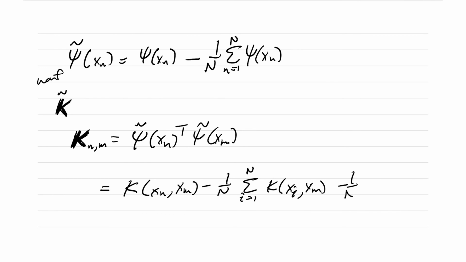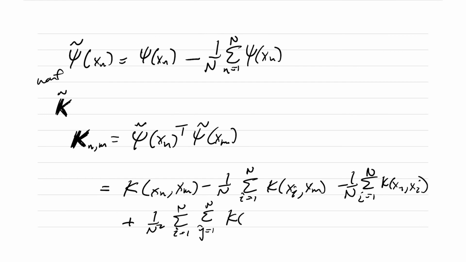You get the sum 1 over N of the sum i equals 1 to N of k xn xi, and then you get plus 1 over N squared times the sum of i going from 1 to N, sum of j going from 1 to N of k xj xi.